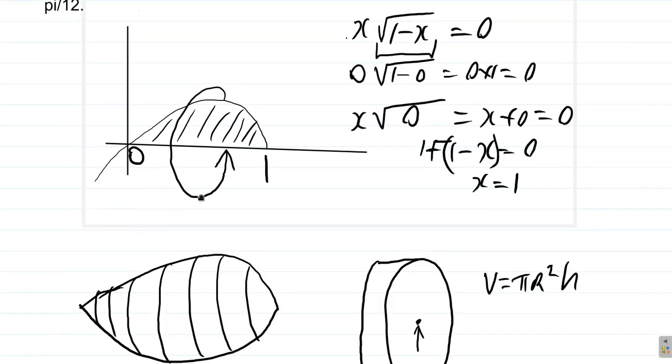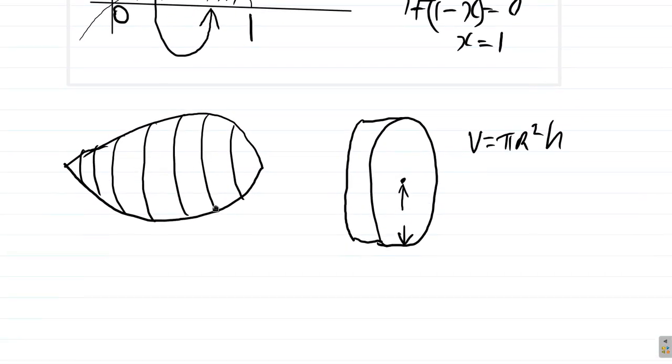If you go upwards, you get the radius. This radius would be the y value for whatever x is.